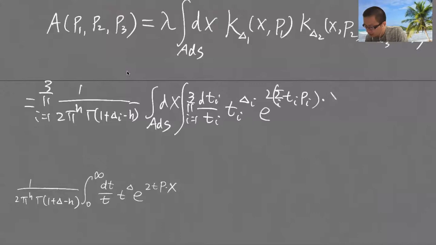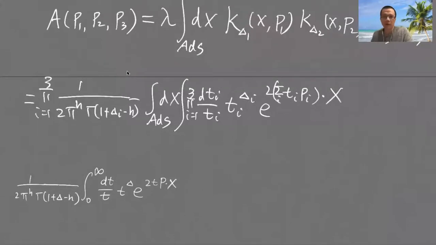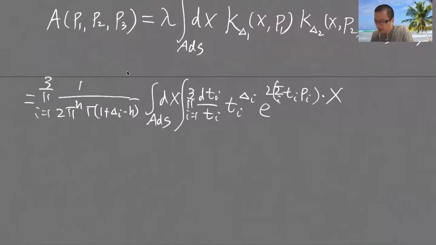So here we really didn't do anything. We just plug in the definition of the bulk-to-boundary propagator. So I won't need it anymore.